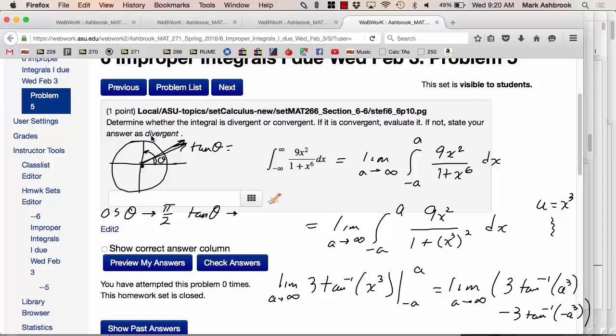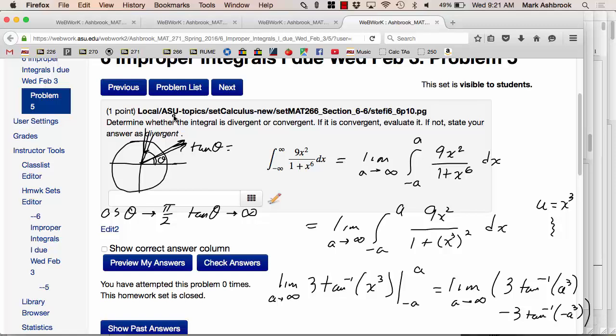What happens to the slope as we get closer and closer to being vertical? Tangent theta will approach infinity, right? That slope just gets infinitely big, as big as you'd like.